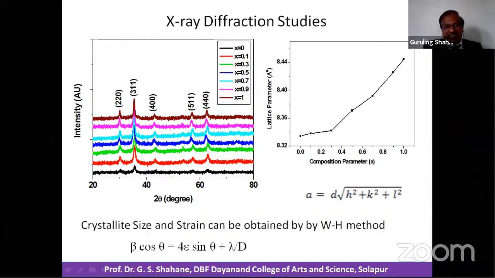You will get the crystallite size as well as induced strain in that nanomaterial. So these X-ray diffraction patterns will provide a lot of structural information: the crystallite size, strain, the lattice parameters.